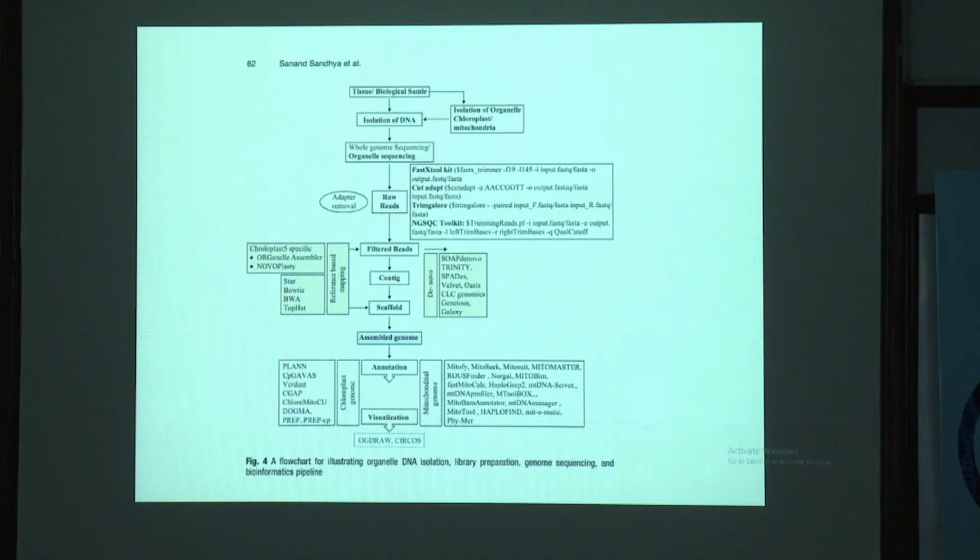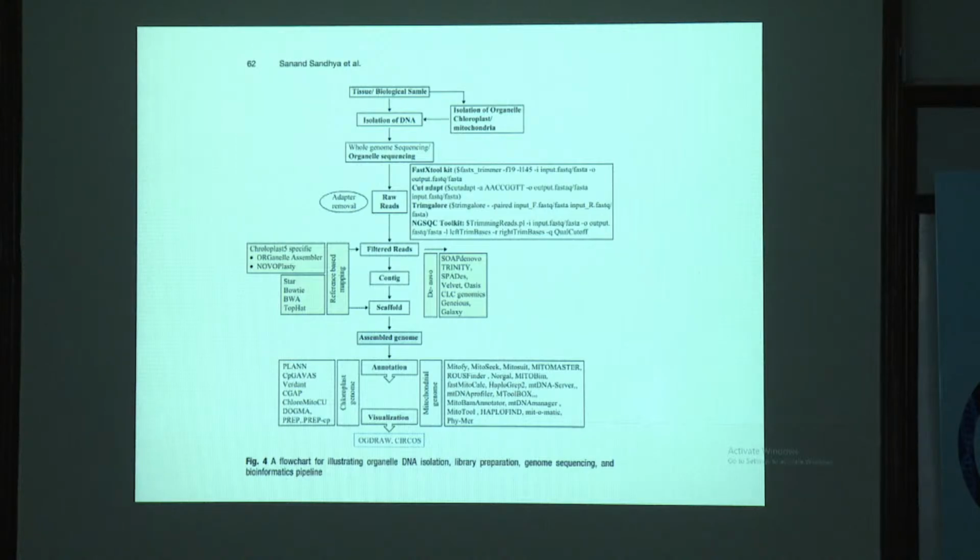So there are different softwares for de novo and reference based mapping. Okay, and then once you make the scaffolds or assemble the genome, we do annotations, and annotations के बाद हम सारा KEGG analysis करेंगे, जीन कौन से pathway में है, biological processes, molecular processes, so many things we do.